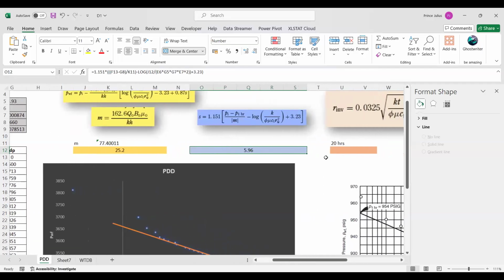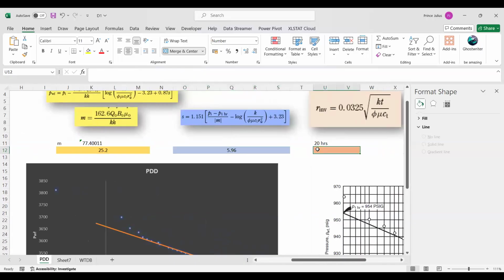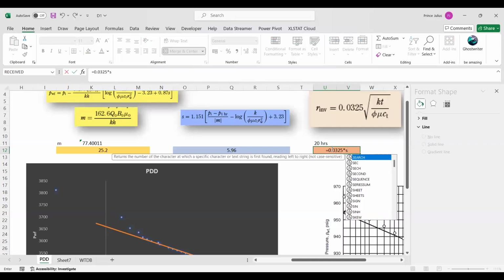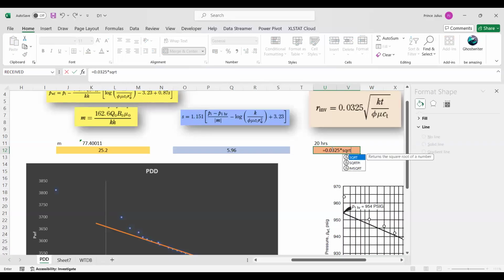Then let us come to radius of investigation. Let me just take 20 hours. As I said, it started at the wellbore. Let us see at 20 hours how many feet it has moved forward. That is equal to 0.0325, square root. Cross multiply and you can make it as SQRT. So you can open the bracket, one more bracket, permeability into time, which was mentioned to be 20 hours, by another bracket, phi mu Ct.